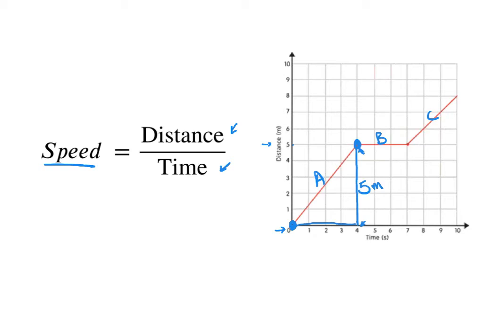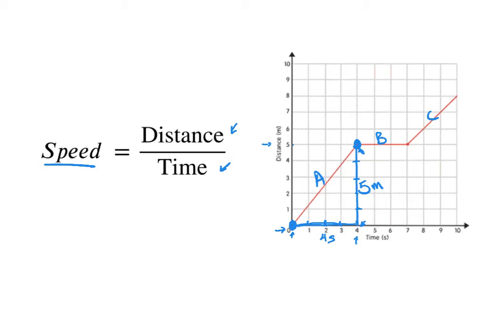So this is going up by 1, so each line is 1 in this case. So that's 5 meters. We could also look at the time the exact same way, except horizontal. So the time, the scale is also going up by 1s. We start at 0 seconds and we end at 4 seconds. So that is a total of 4 seconds.